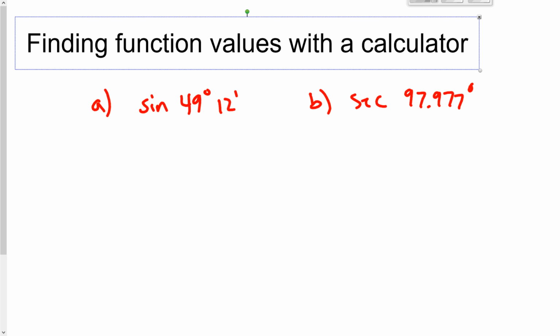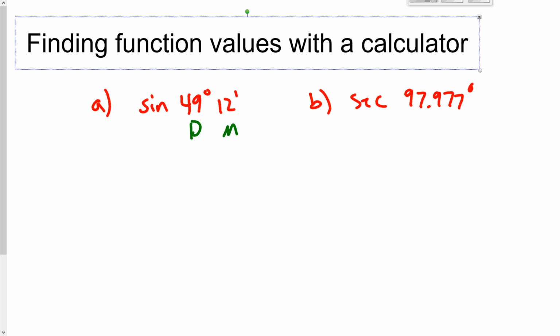First we'll do a few examples, finding the values using a calculator. We want to find sine of 49 degrees 12 minutes. In order to do that, we first need to put it all in degrees. Right now we have degrees and minutes, so we need to switch our minutes to degrees. In 1 degree there are 60 minutes.